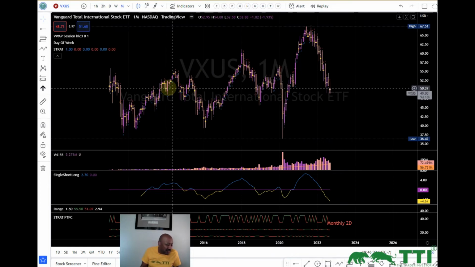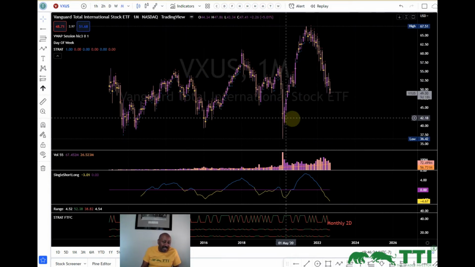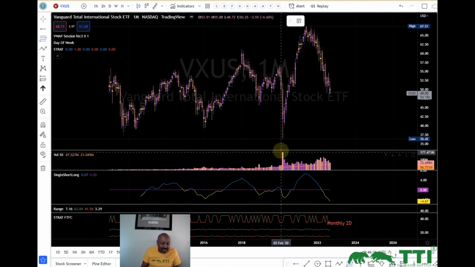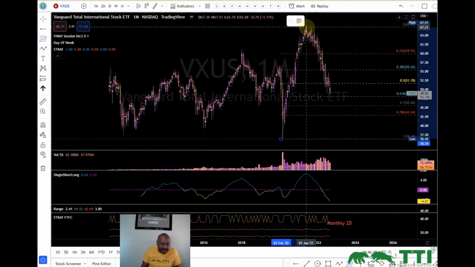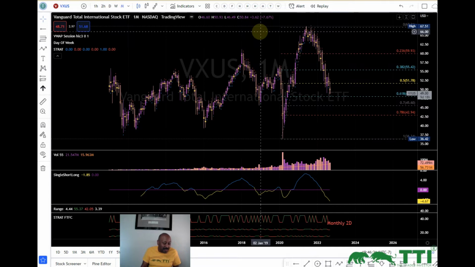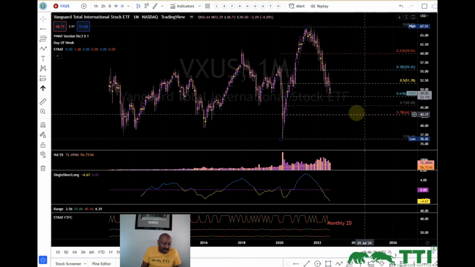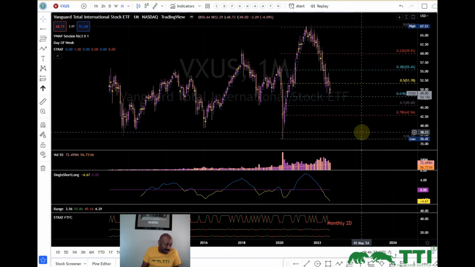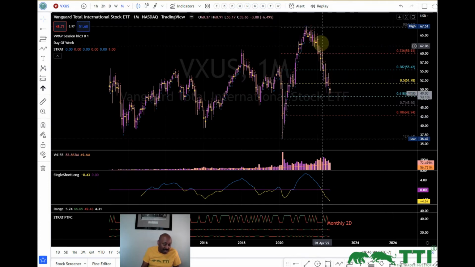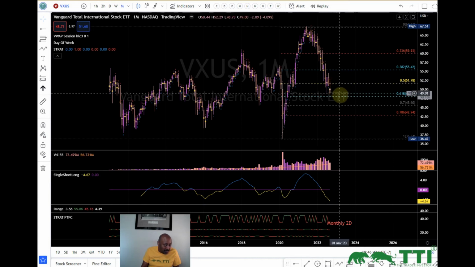Even this tells you it's not a clear direction, right? But the current direction on the monthly is still up, as far as I am concerned, because we're still above the 78.6% retracement. However, this is a big move to the downside.